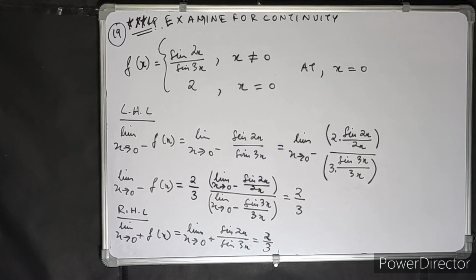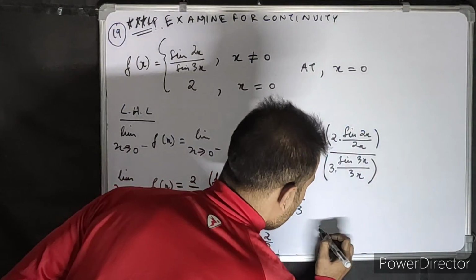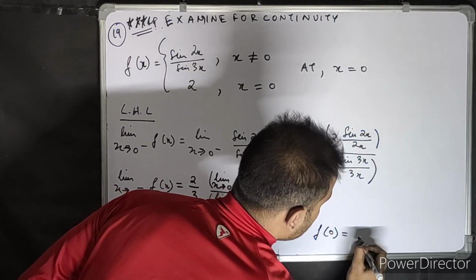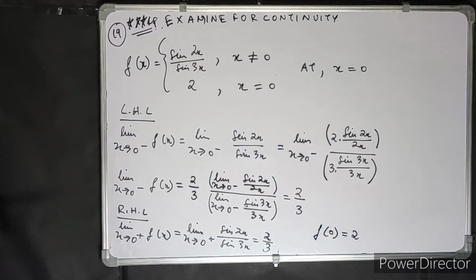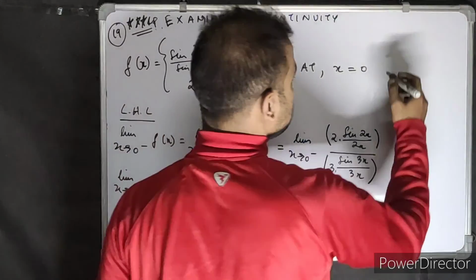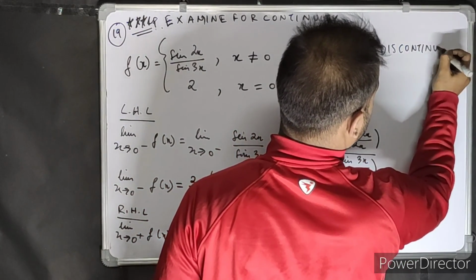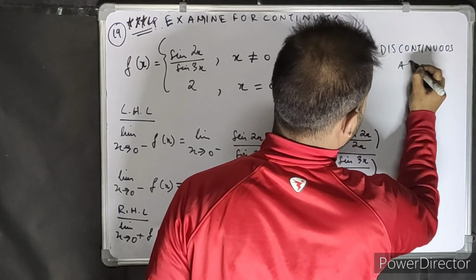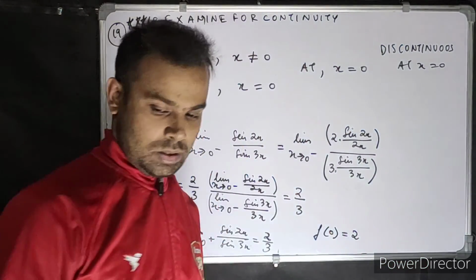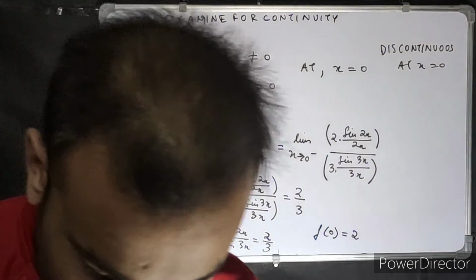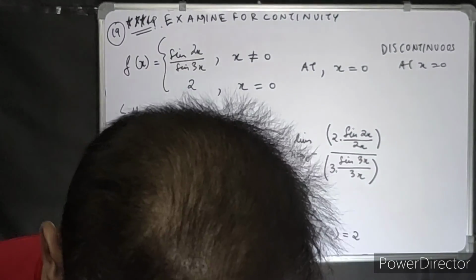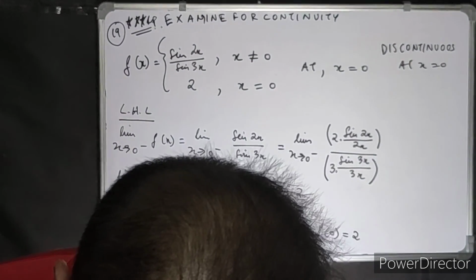Okay, and f of 0 is 2. So what happened? The function is discontinuous at x equal to 0.